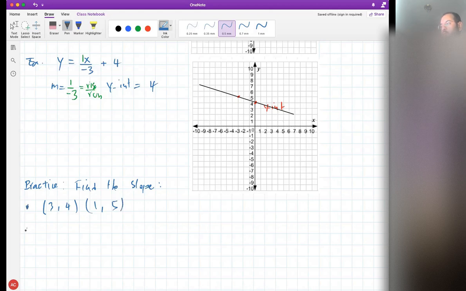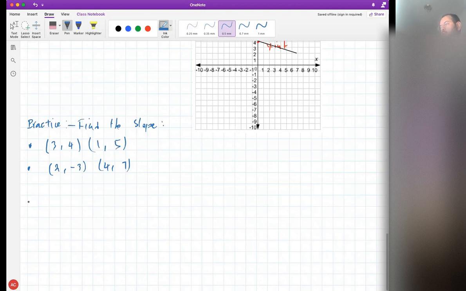The first pair, the second pair would be maybe 3, 2. We need 2 points, so I'm giving you 2 points here: 4 and 7. Find the slope for these two.